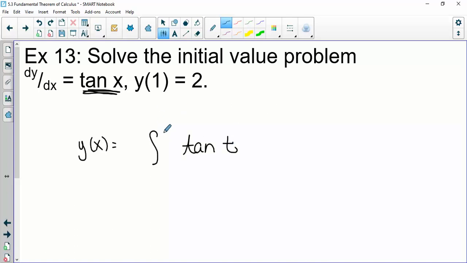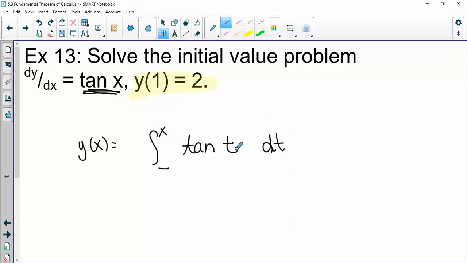Okay, and we know if we go from a constant up to a variable, so what would my variable be here? X. When I did the derivative, it would become tangent x. And this would have to be a dt because my variable is currently t. Where would I want to start this? y of 1 equals 2.